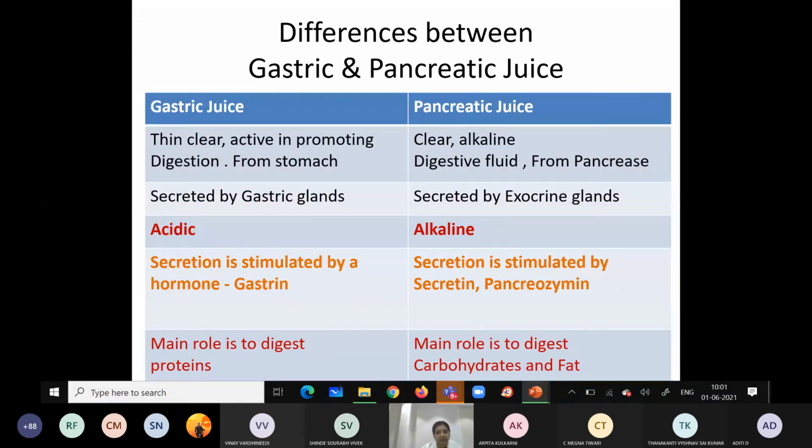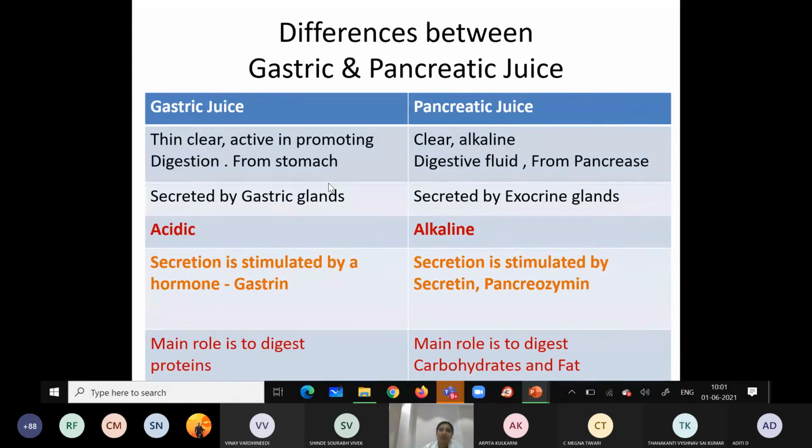Now I have put these differences between gastric and pancreatic juice. A very important viva question you should remember. The difference is that gastric juice is very thin, clear, and acidic, and it promotes protein digestion, whereas pancreatic juice is alkaline and it promotes the digestion of carbohydrates, fat and protein.